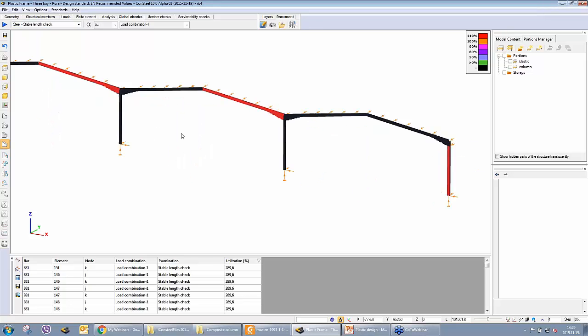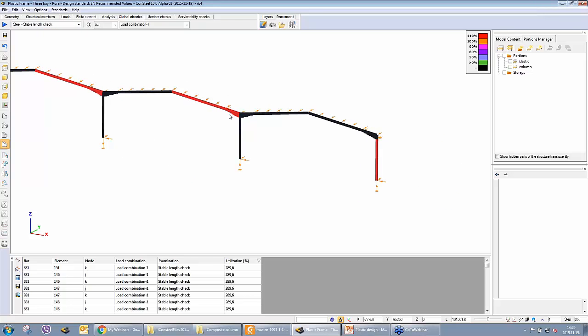Now we have a plastic hinge here, here and here in the column, here in the beams. So we have a stable length check at the column and in these two beams.